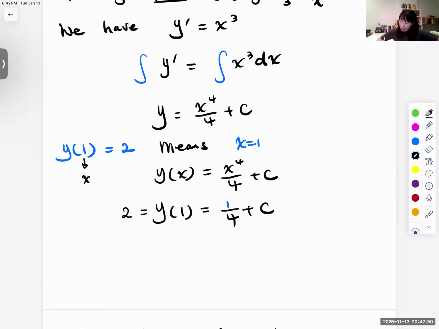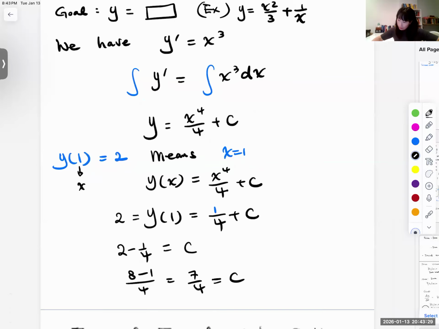All right, so what is c? So 2 minus 1 over 4 equal to c. With a common denominator of 4, 8 minus 1 is 7 over 4. Does that make sense? Okay, so we can conclude. Let me write it down, because my handwriting is so big.